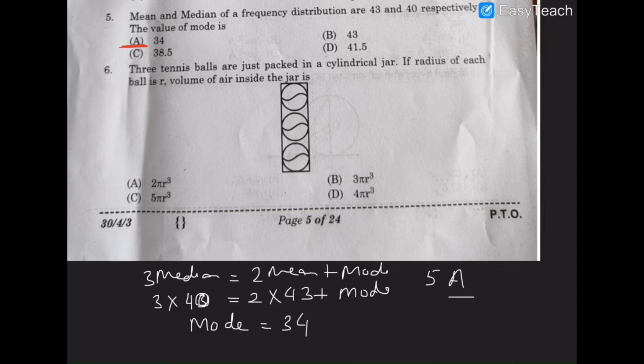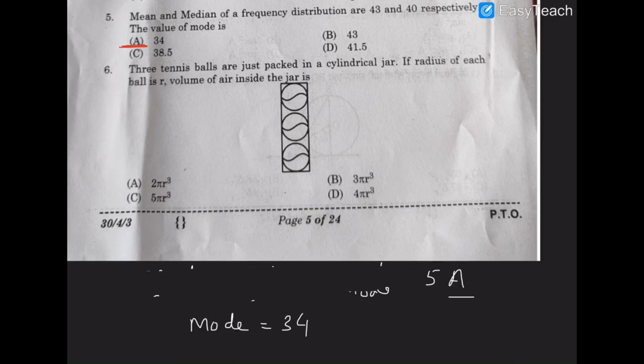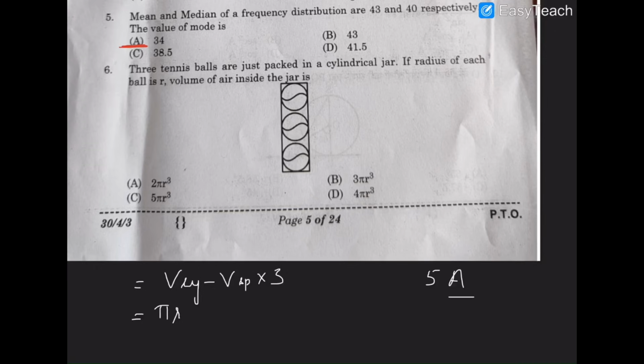For the next question, 3 tennis balls are just packed in a cylinder. If the radius of each ball is r, find the air inside the jar. For this, you have to calculate the volume of the cylinder minus the volume of the 3 spherical balls, which gives you pi r square h minus 4 by 3 pi r cube.